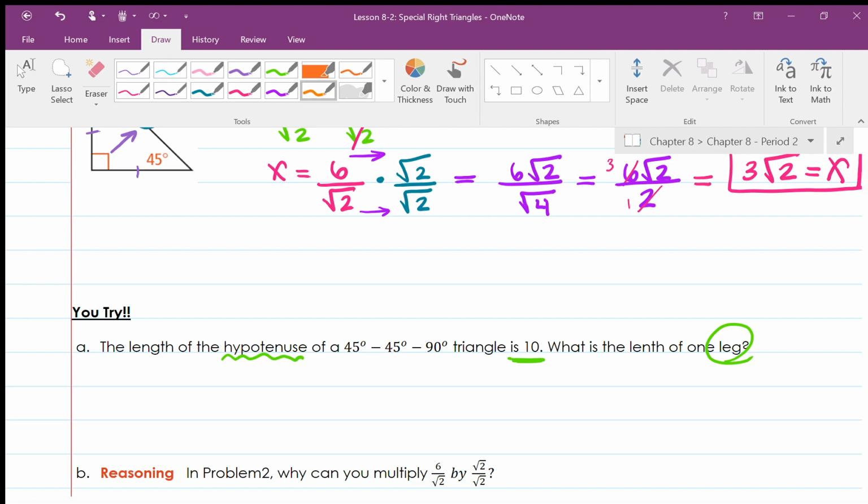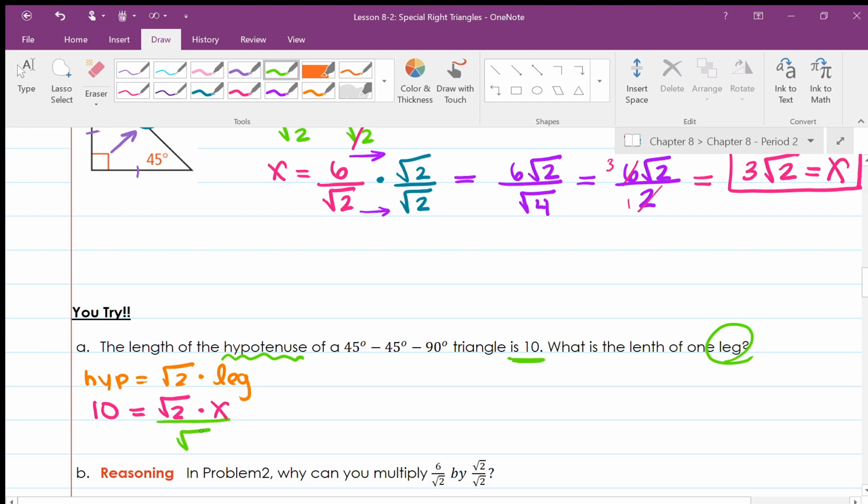But you already know that in the 45, 45, 90 triangle, your hypotenuse is equal to the square root of 2 times one of the legs, but we don't have the leg. What we do have is the hypotenuse. So the hypotenuse, they said, was 10, is equal to the square root of 2 times, we'll say, x, right? In order to isolate the x, you're going to divide by the square root of 2 on both sides, right?